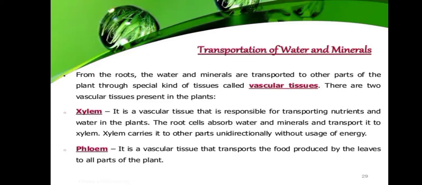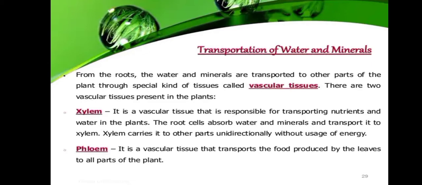From the roots, the water and minerals are transported to other parts of the plant through a special kind of tissues called vascular tissues. There are two vascular tissues present in the plants. One is xylem and another one is phloem. Xylem is a vascular tissue that is responsible for transporting nutrients and water in the plants.